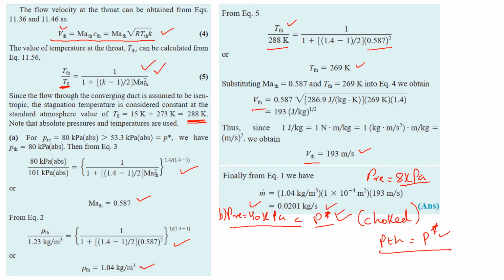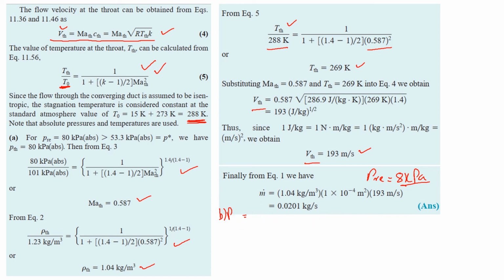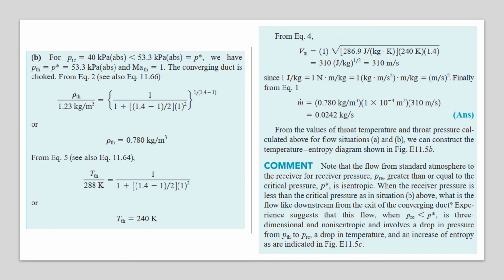So we will take the critical pressure value, and at the critical pressure we know that the Mach number is 1. So we will input the Mach number in all the equations that we just saw, as 1 and find our throat density, temperature and velocity, and find the mass flow rate as the result of these equations. So this is what we are going to do.